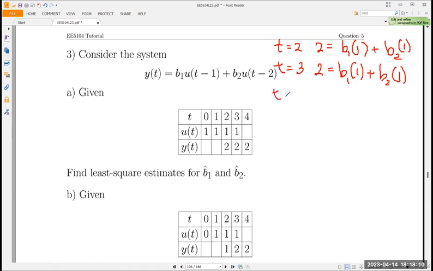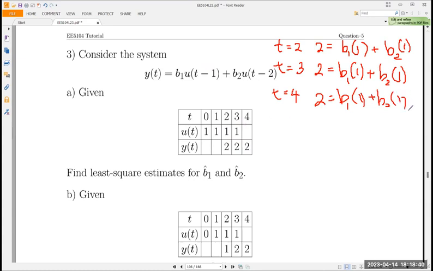At t equals 4, y is 2, equals B1 times u3, which is 1, plus B2 times u2, which is also 1.